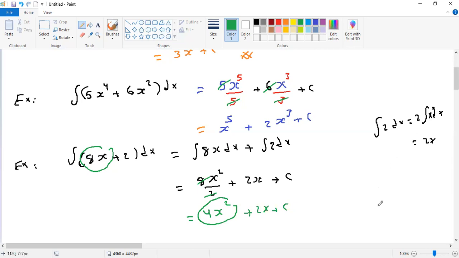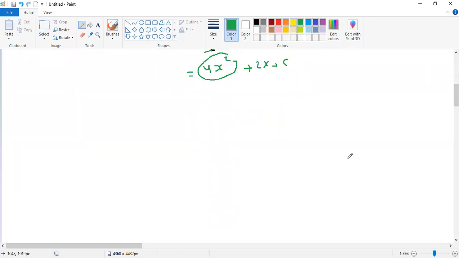Now, another example. If we have the integral of 9x to the power 7 plus 12x to the power 5 minus 10x to the power 4, how do we find the integral?